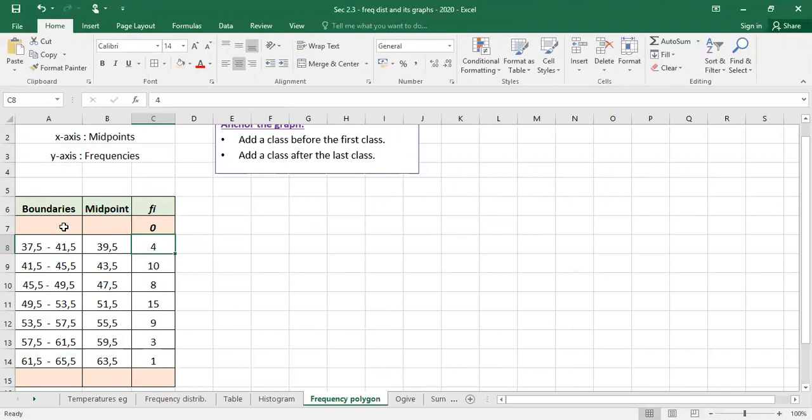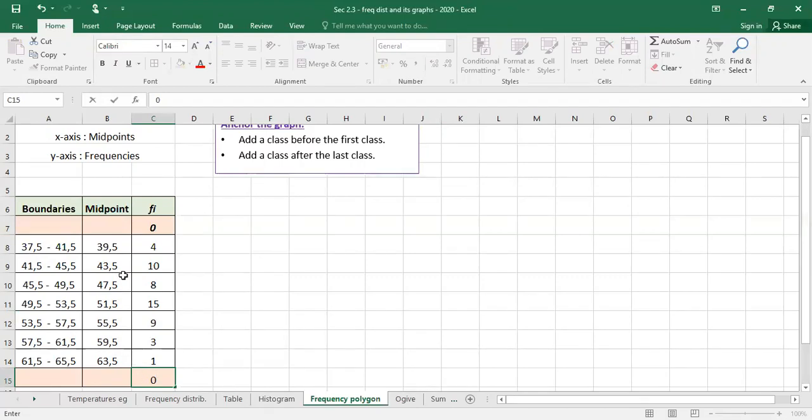So within the range of this imaginary class just below, there aren't any. And the frequency of the class at the end is also 0, because my biggest data point is in this class here. If I had another class, it would have 0 in it. There would be no data points in there.